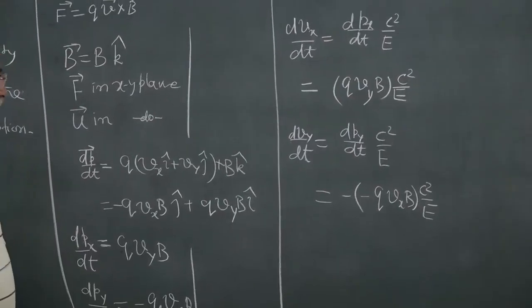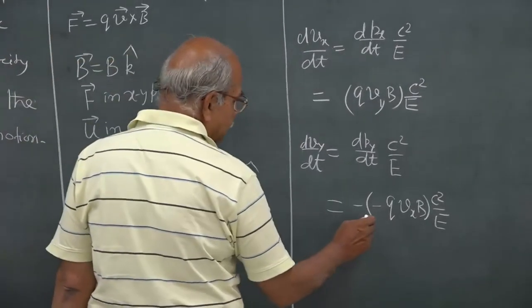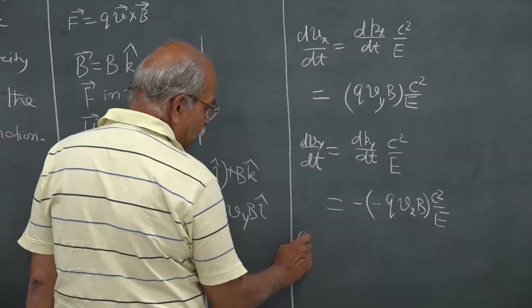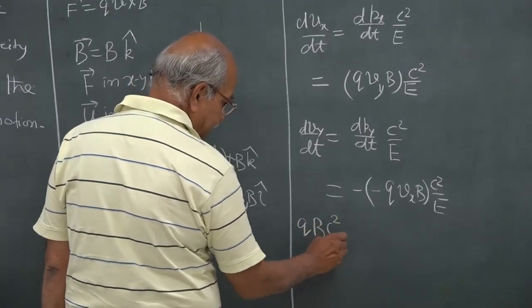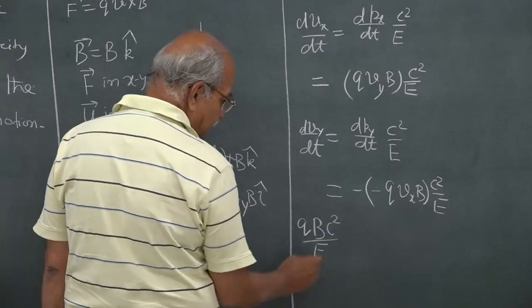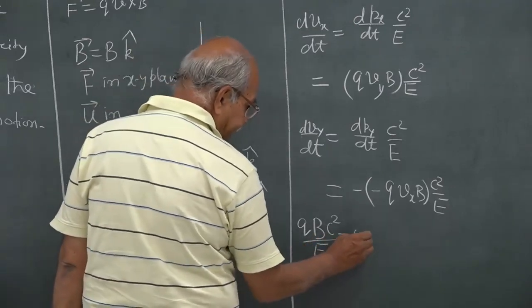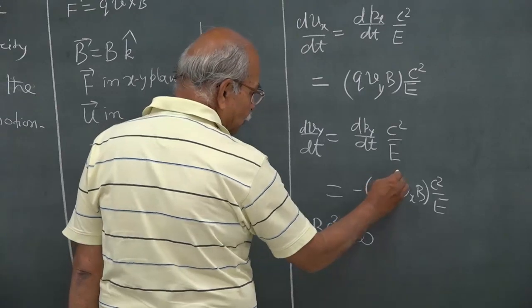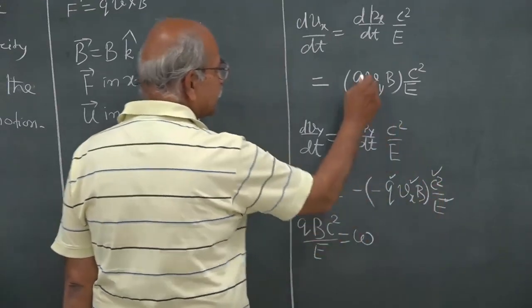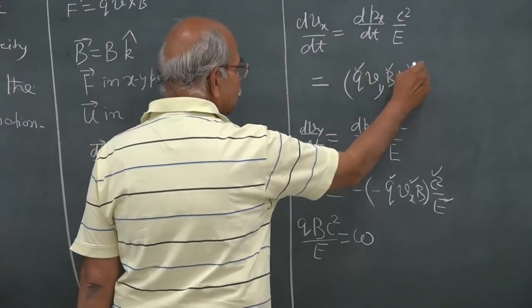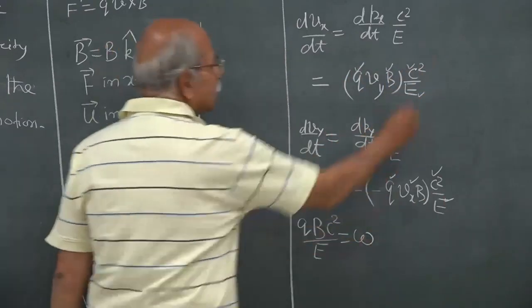So, now I have nice relations. I can write q b c square by E as omega, and the same thing here, q b c square by E, I write this as omega.